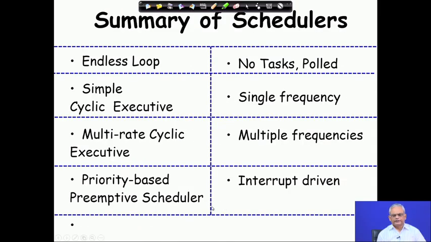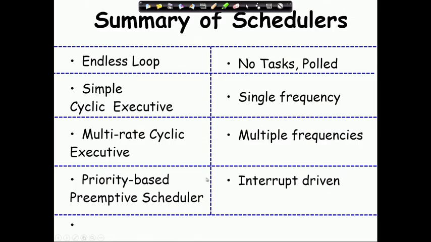So, we will look at various types of schedulers. One is the endless loop, which is just a simple program without an operating system. There are no tasks and it just checks certain conditions in a loop and then acts. Starting with no operating system, we have simple cyclic executives. There is a single frequency at which the tasks execute.